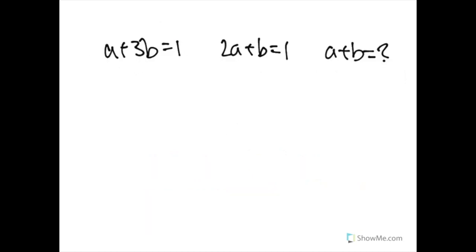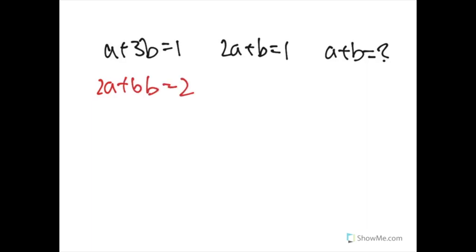Alright, here we go. So we want to find a plus b. Now, of course, you can just go ahead and solve this system of equations. It should be relatively easy. So if you want to solve for a and b, first we can double both sides of the first equation, and we'll get 2a plus 6b is equal to 2.